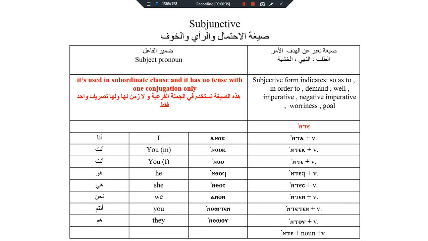In Coptic, the main clause, the main sentence, has a tense, and the following clause by nature follows it in the same tense. Its composition is made by inte plus the pronoun: inta, intik, inte, intif, intes, inten, intetin, into, or inte plus noun plus verb.